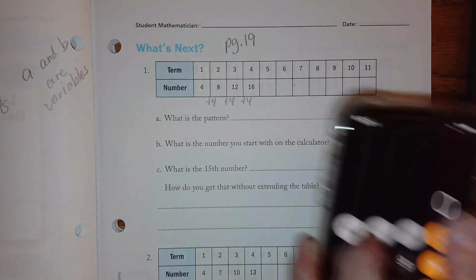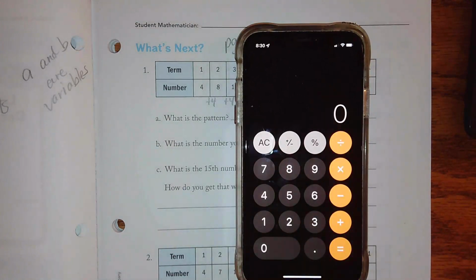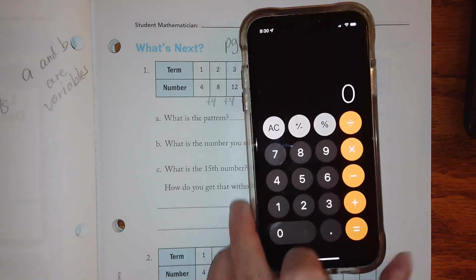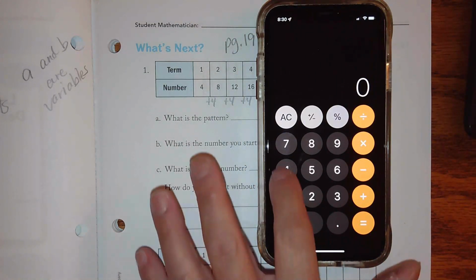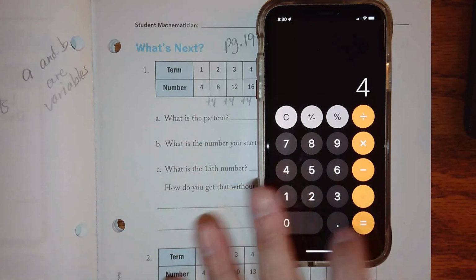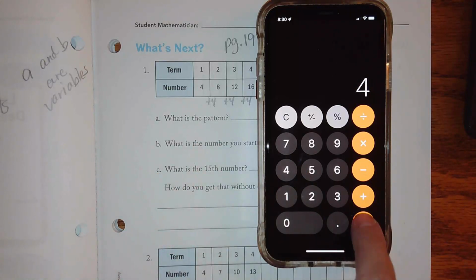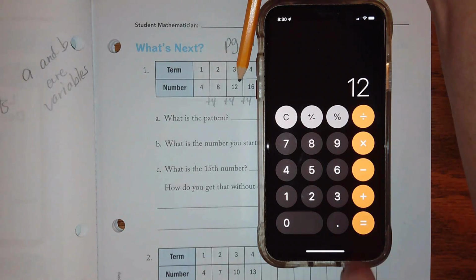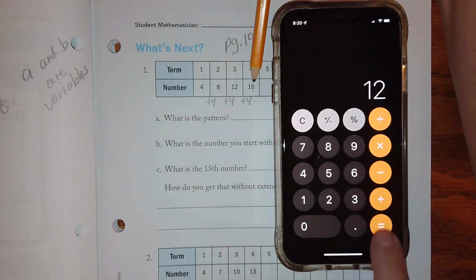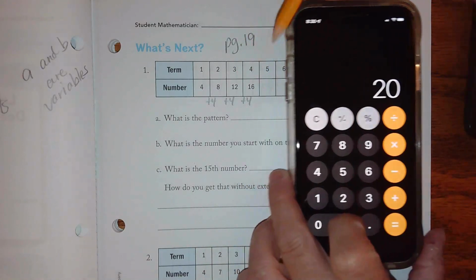So I'm going to come right back over here again with my calculator that we looked at before, and we know that the pattern is going up by 4. So I'm going to say 4 plus 4 equals 8. Then it should tell me my next number is 12. Then 16. Then my next number, which is going to be 20.